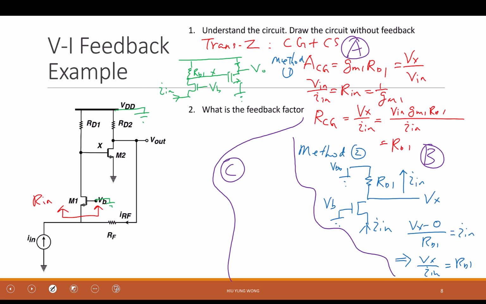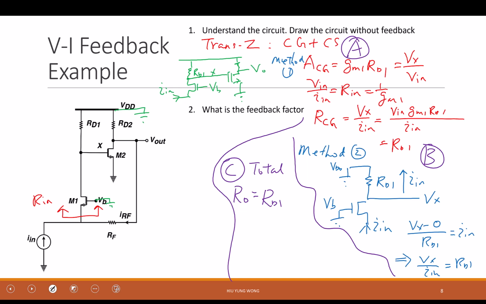What is the total gain? Total A0 or R0 equals what for the feedforward? RD1 times, okay, why is it Gm2 RD2? Common source. What is the gain of common source? Minus Gm2 RD2.